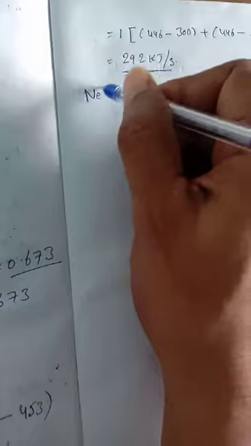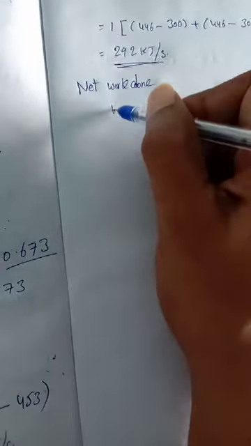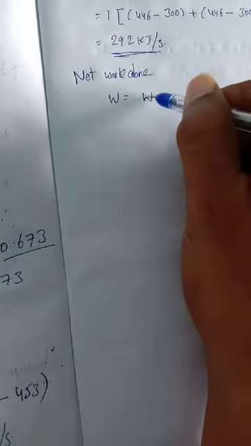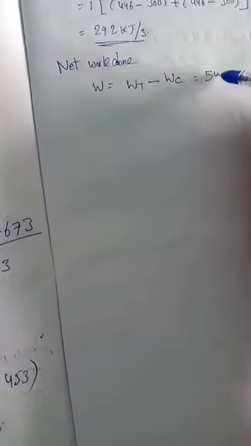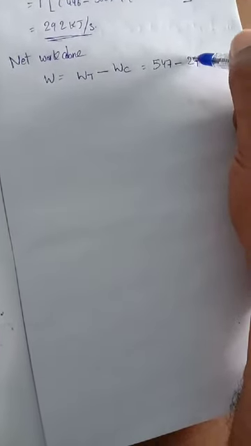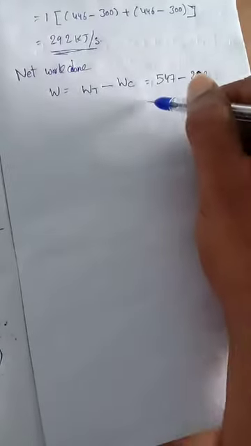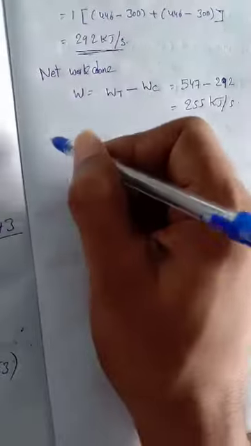Now here the net work done. W is equal to WT minus WC. So WT minus WC. Then here kilojoules per second.